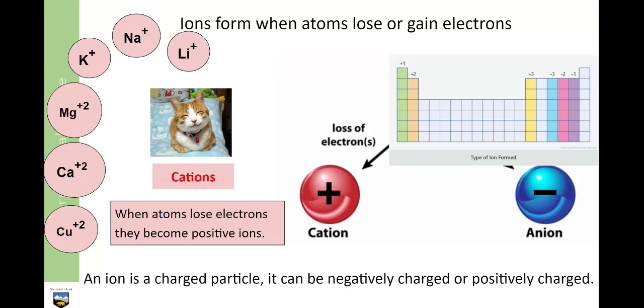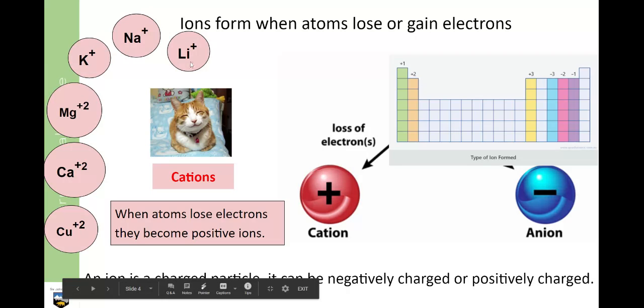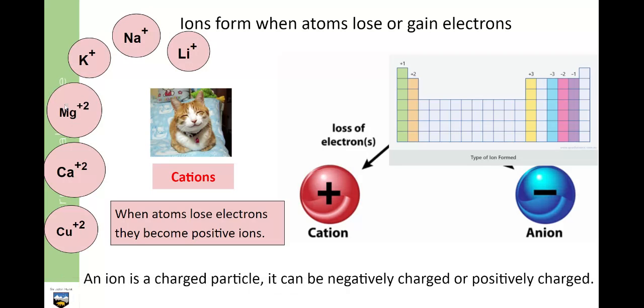If you can't remember how to work out what ions they form, just remember that metals always become positive ions. So today we are testing for positive ions, which are metal ions. The only positive ion that's not a metal is hydrogen, and that's why sometimes hydrogen's found at the top of group 1.